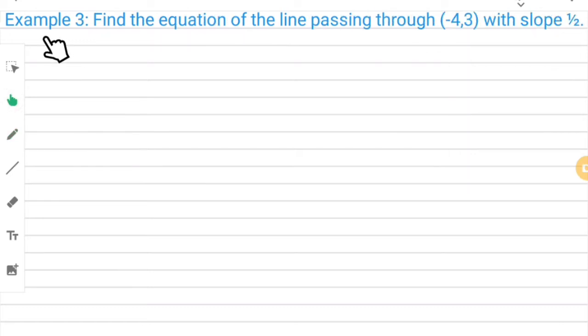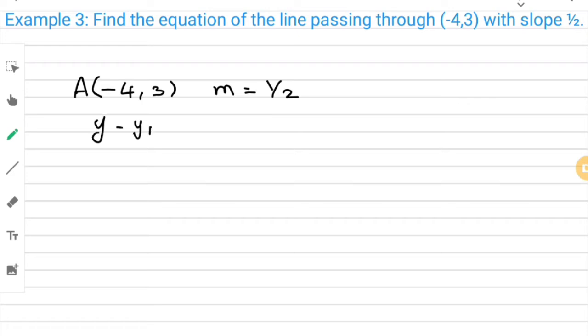Now, example 3. Find the equation of the line passing through minus 4 comma 3 with slope 1 by 2. That means in this question they have given the point. That point I am taking as A of minus 4 comma 3 and the slope is 1 by 2. And we know the equation y minus y1 is equal to m of x minus x1.